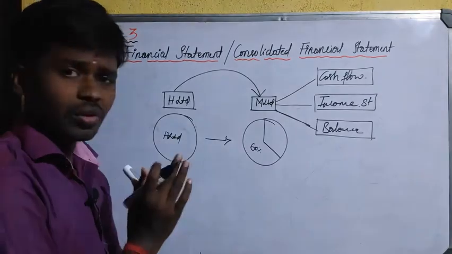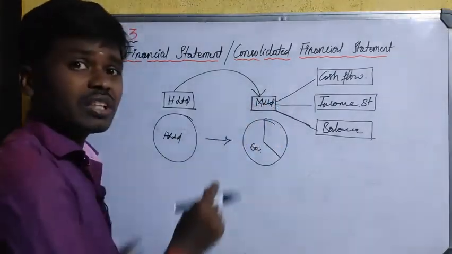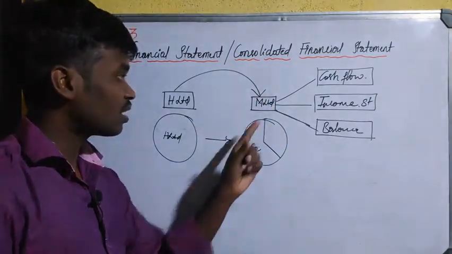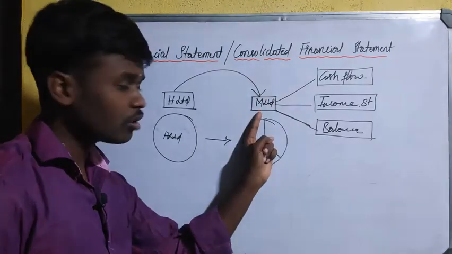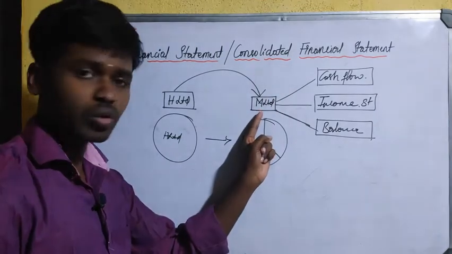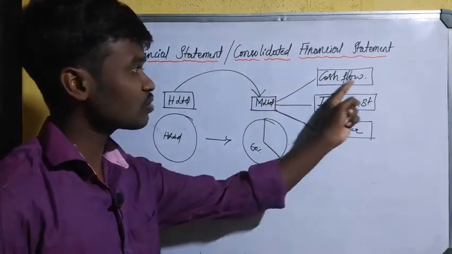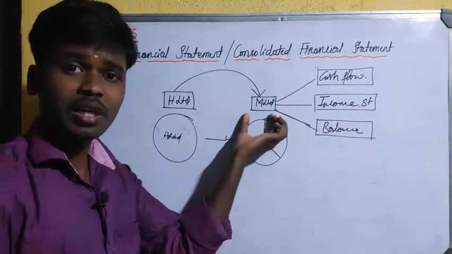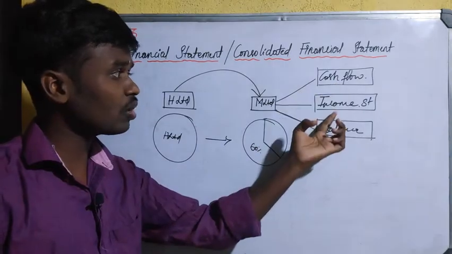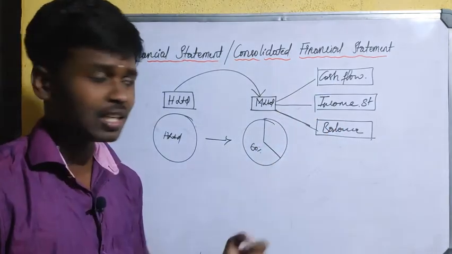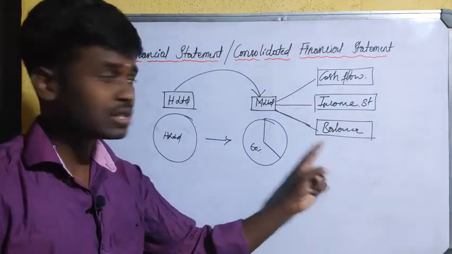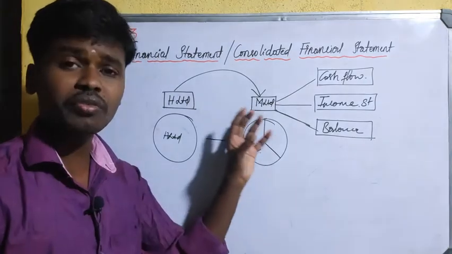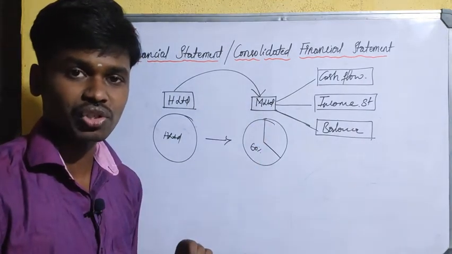We know that to know its financial position, M Limited will prepare the standalone statements, that is cash flow statement, income statement and balance sheet statement. When M Limited prepares these, it is helpful to know the financial position of the business organization, right?